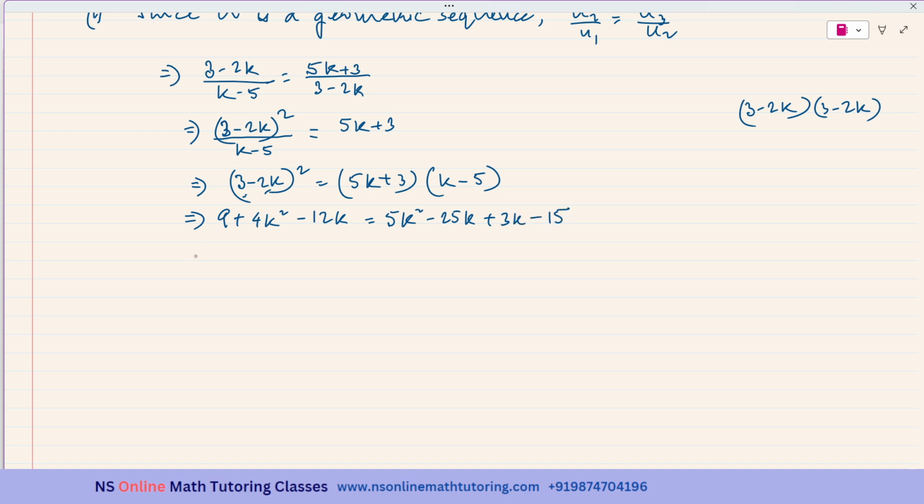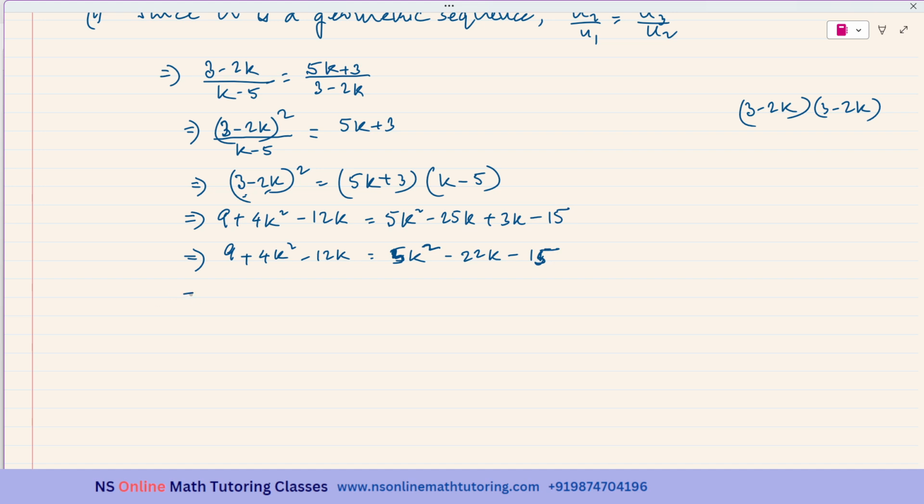Okay. So 9 plus 4k square minus 12k is equal to 5k square. This is 5k square, and minus 25k plus 3k is minus 22k minus 15.